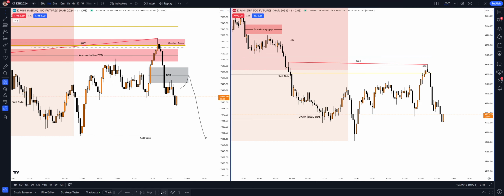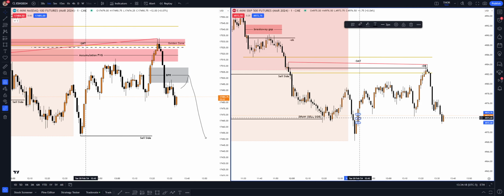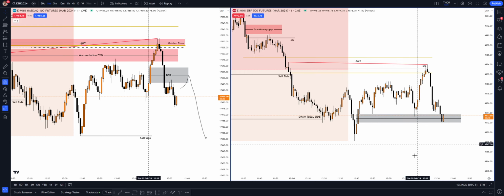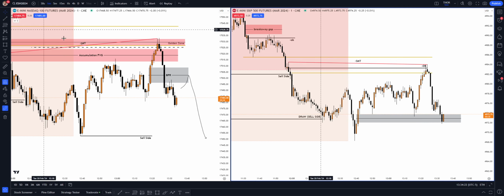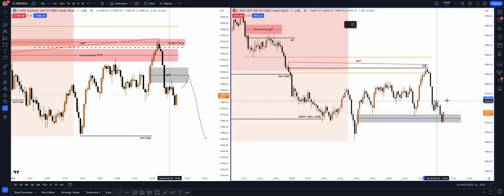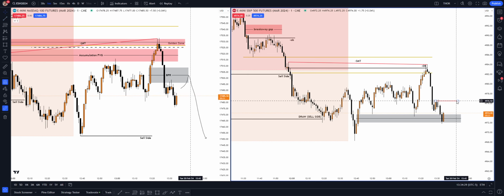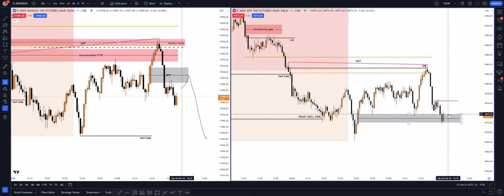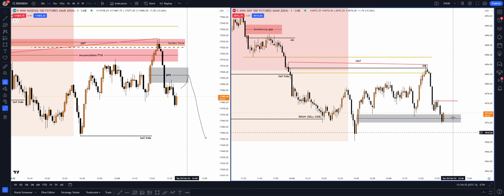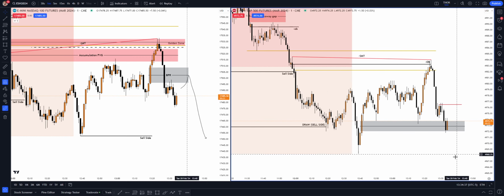I want to see ES ripping through this fair value gap. It shouldn't really violate this high here because that's essentially our order block. I want to see the next candle or the following candle just going lower with energy.